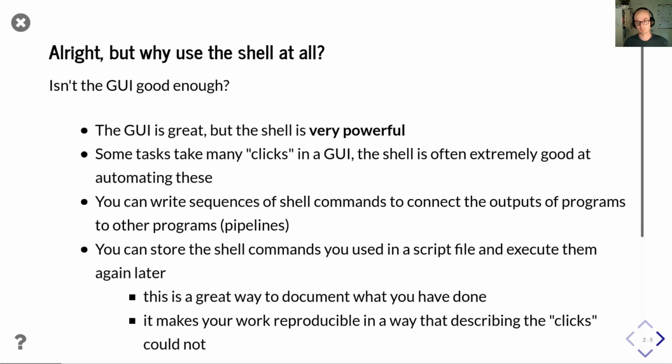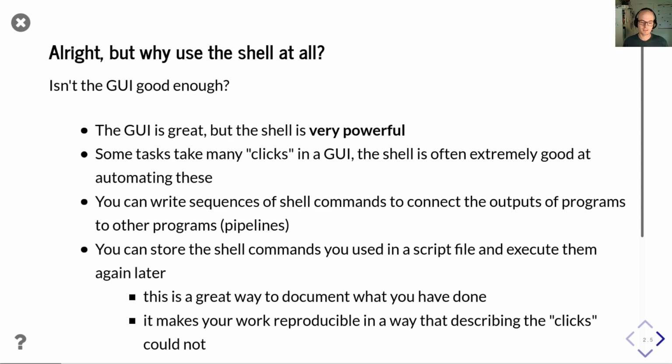The other thing that it's really good at is making things reproducible, which is really important in a science context, because rather than telling somebody where you clicked and what you did with your mouse, which usually they won't understand, you can just write down each command that you've done in the right sequence, and then this text file that you save them in is itself executable. You can run them again as many times as you want, which is a great way to document them.